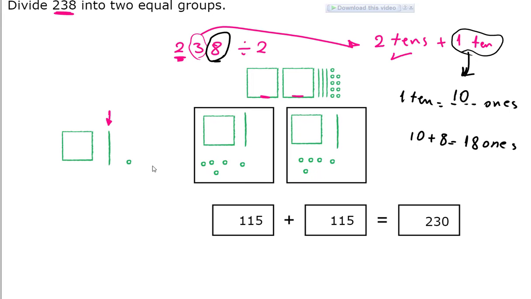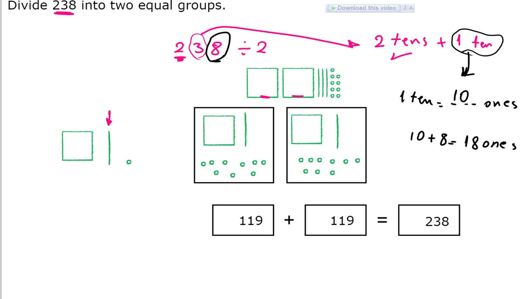We need to reach 18. 11, 12, 13, 14, 15, 16, 17. Now we're reaching 18.